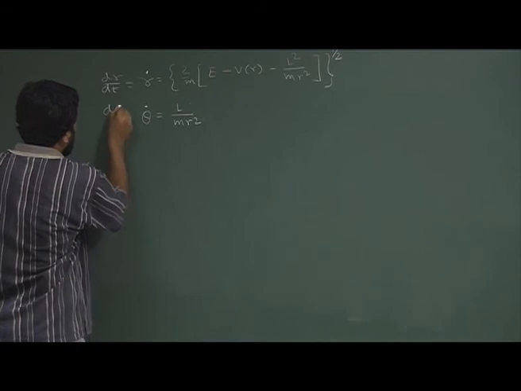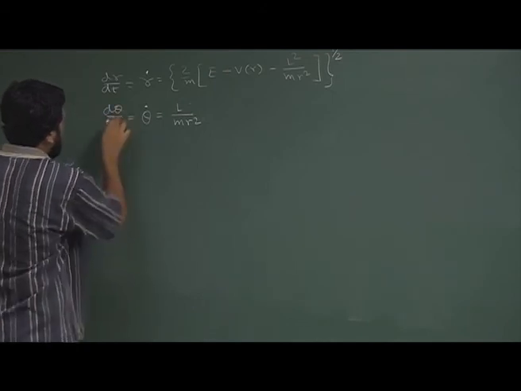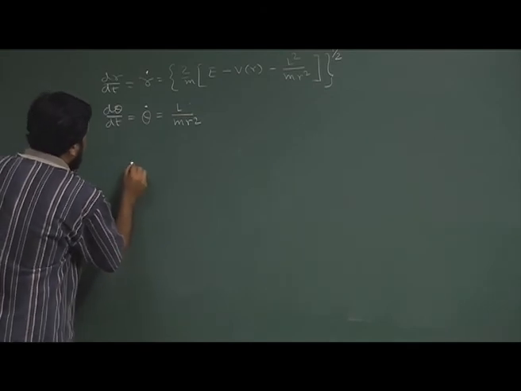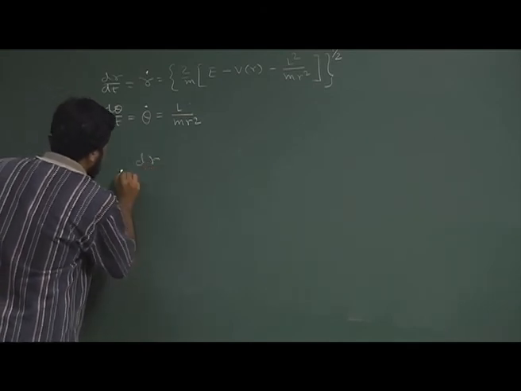Now, this one we can write as the total derivative of r and t, and from here we can just shift this.